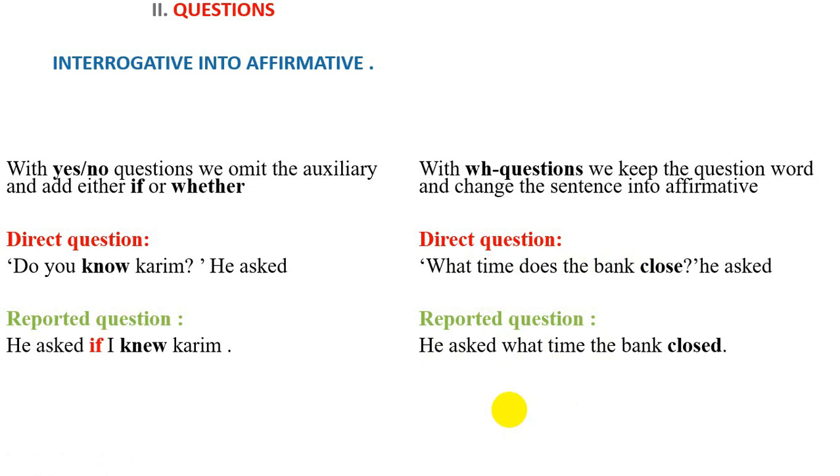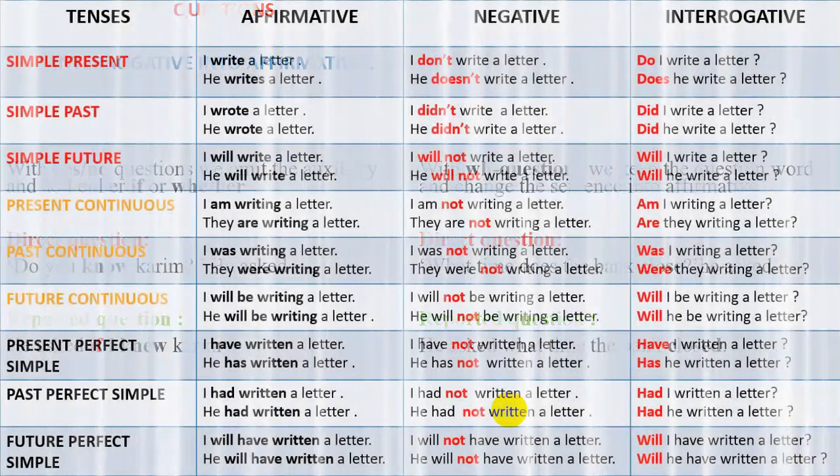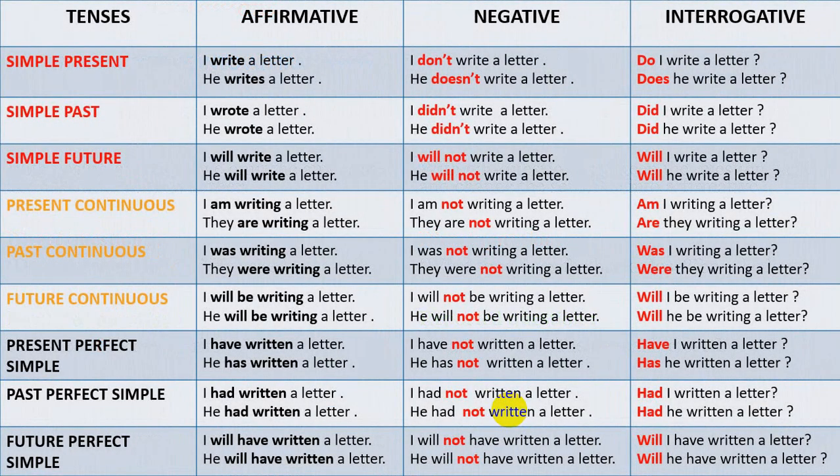To understand questions, I think I have here a long list for you, and it summarizes all the tenses with affirmative form, negative, and interrogative. So you can have a look at this list. So you have here, for example, simple present, simple past, simple future, present continuous, past continuous, future continuous, present perfect simple, past perfect simple, and future perfect simple.